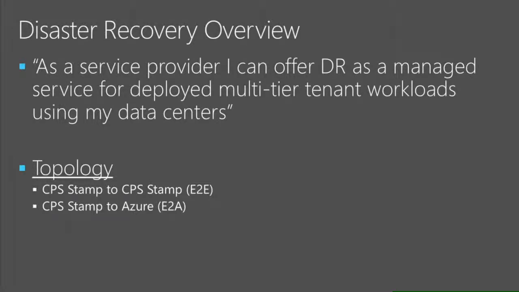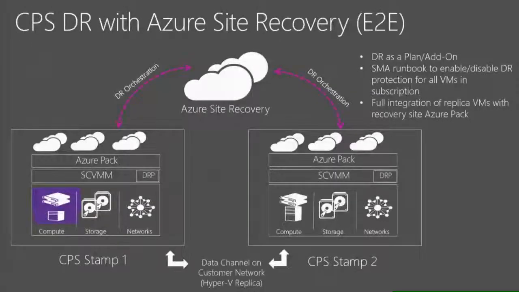With Update 2, customers told us very clearly, hey, my CAPEX and OPEX, I want to be able to replicate to Azure, right? I don't want to buy a second stamp and operate a second stamp that sits there passive just for the disaster recovery option. So I want to replicate to Azure. And that's exactly the scenario that we're going to enable with Update 2.